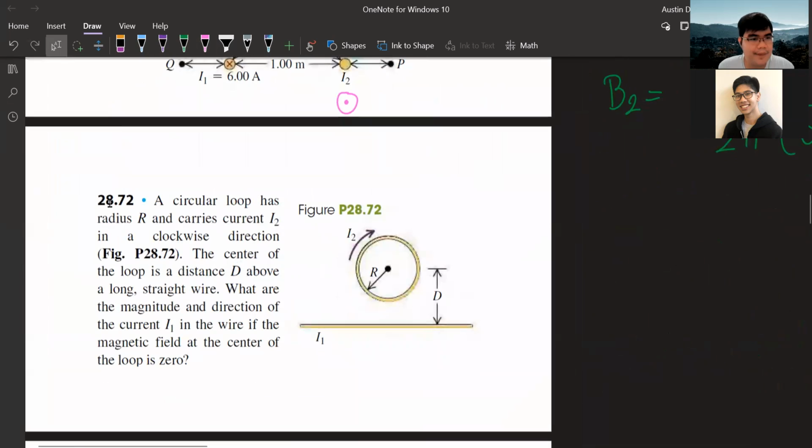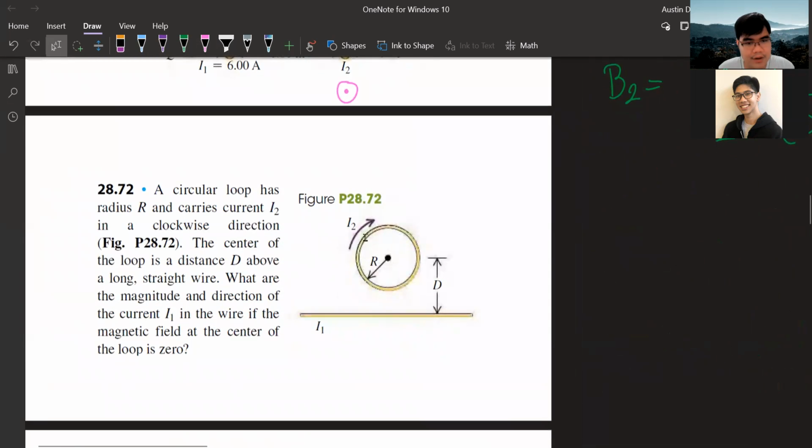Okay. Next is this part. You have a circular loop and a long straight wire. The circular loop has current running clockwise.